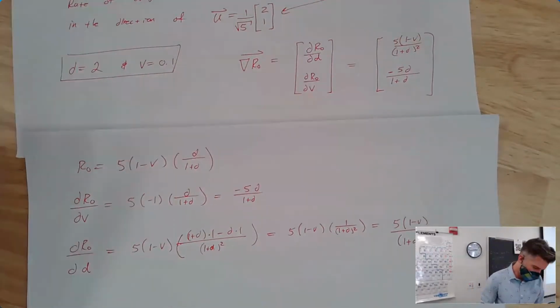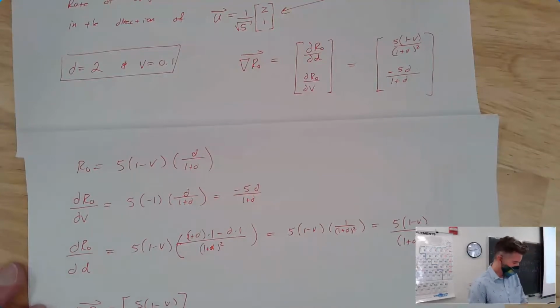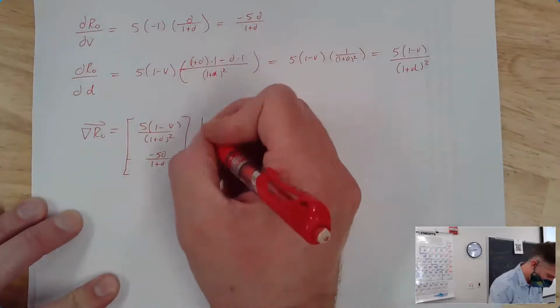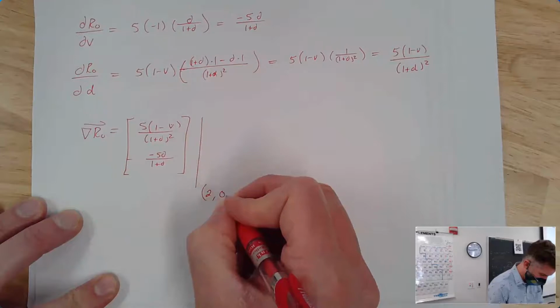And then we're going to evaluate the gradient at the given point. Okay, so if we plug in the point, and again, we were at D equals 2 and V equals 0.1.